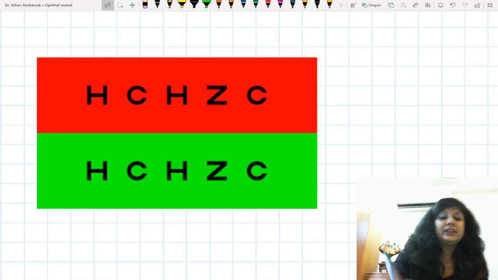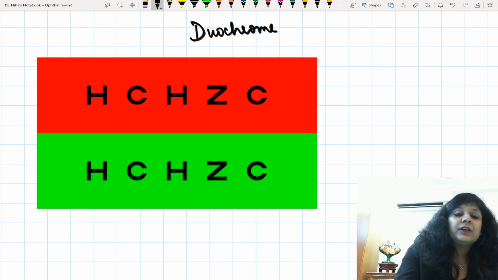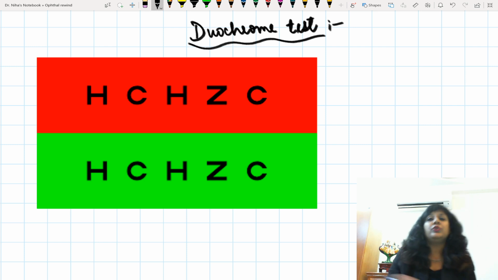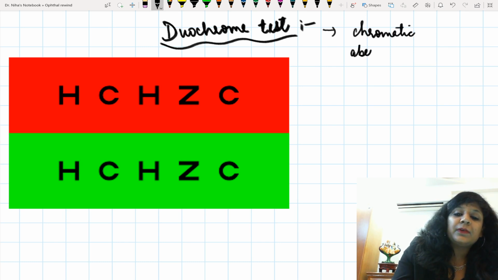Now coming to this one, this is the duochrome test. Though it is not very popular, sometimes they may ask you, so you should know. It is based on the principle of chromatic aberration.